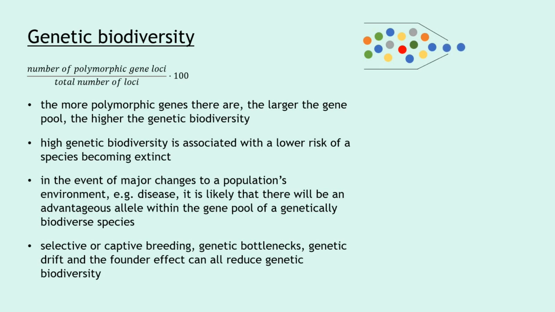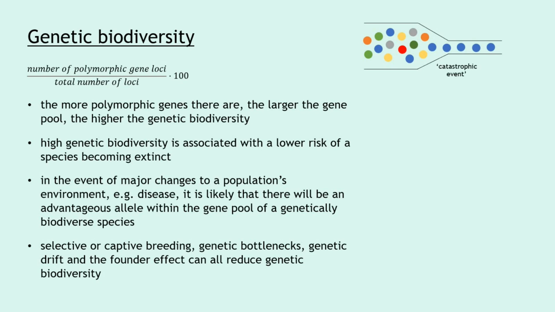Only this blue allele will be able to fit through, and only it will make it through to the following generations. All the other alleles will be lost in the form of individuals dying as a result of this major change to the environment. And so this blue allele must have conferred some kind of advantage, allowing individuals that carry this allele to survive, reproduce and continue with the population.